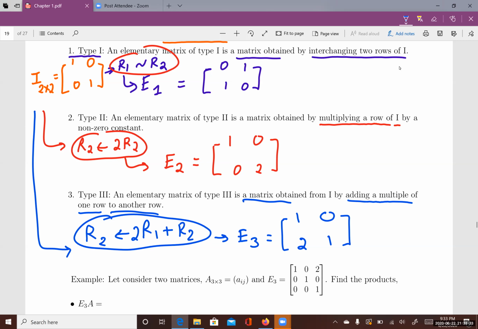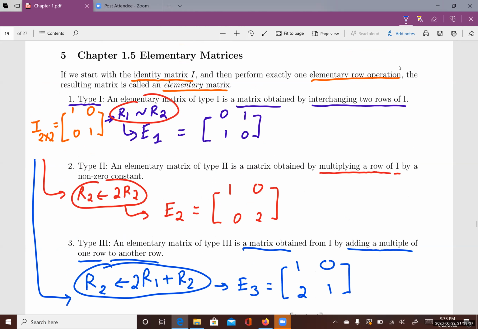So here are the 3 types of elementary matrices obtained by applying elementary row operations onto an identity matrix.